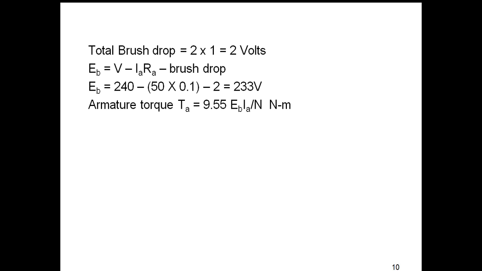Here we know the value of EB as 233 and armature current is 50 and the speed is given as 1000.